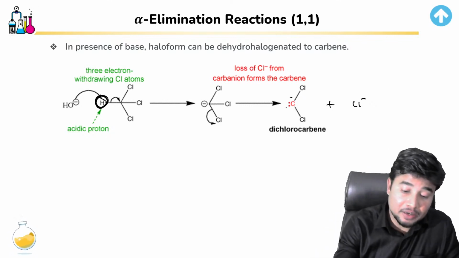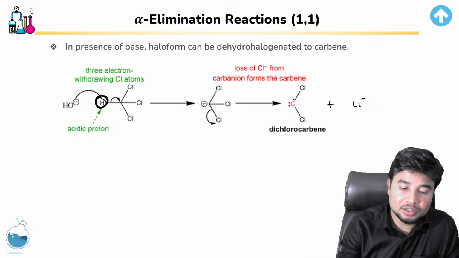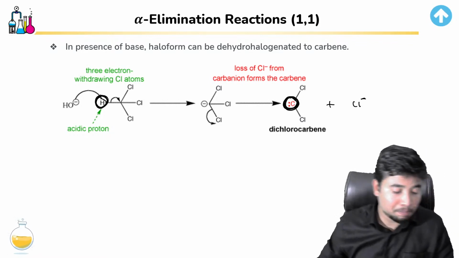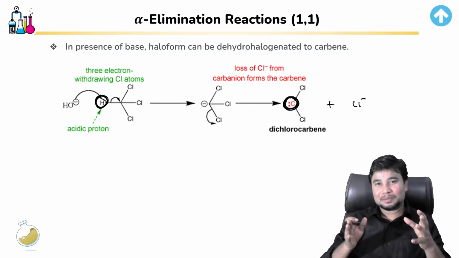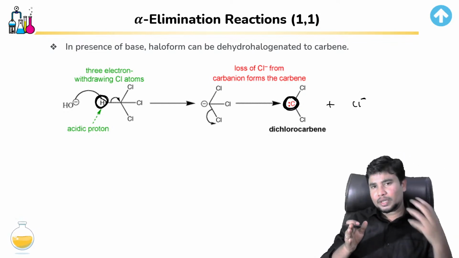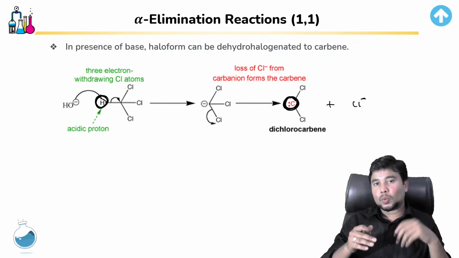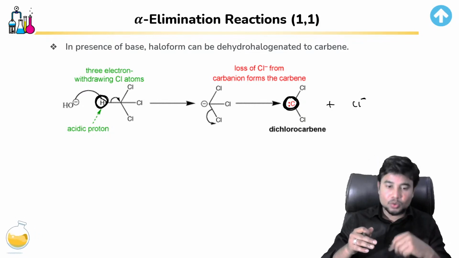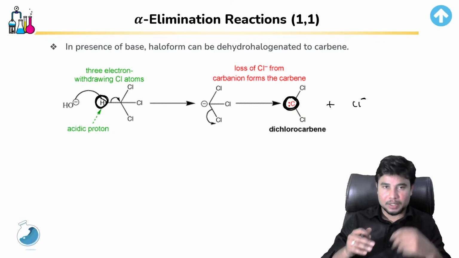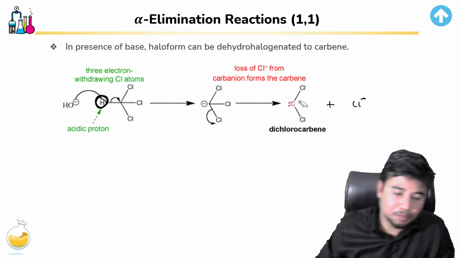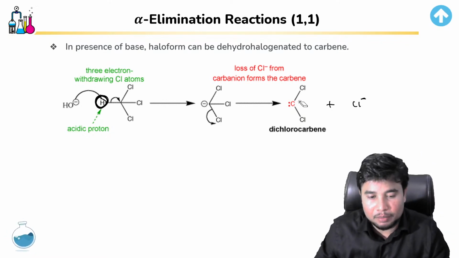But then what is left behind? No charge, but just the pair of electrons. That molecule is not charged, but it has a pair of electrons. You know what we call it? You have already seen this as one of the 4 types of intermediates that we have talked about. It is called a carbene. With 2 chlorines, it is dichlorocarbene. So this is one of the methods in which alpha elimination takes place.